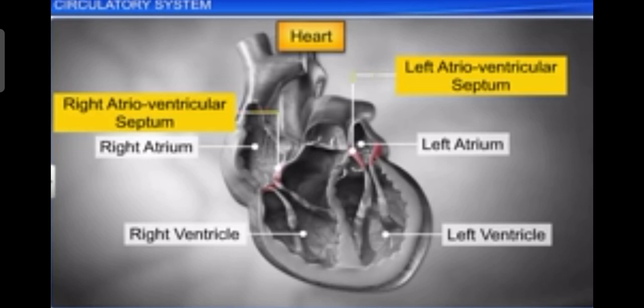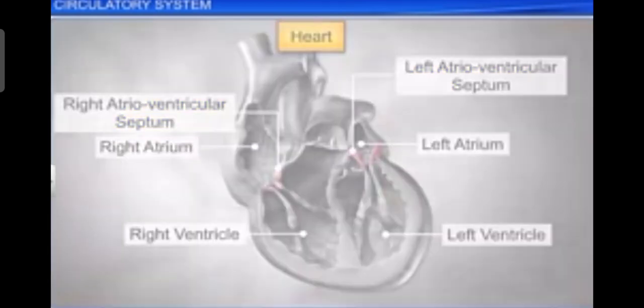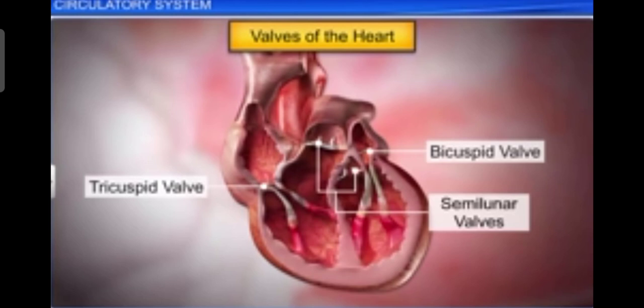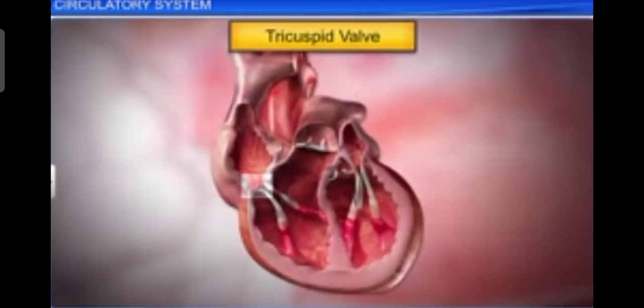The atrium and the ventricle of the same side are also separated by a thick fibrous tissue called the atrioventricular septum. However, there are three types of valves. First is the tricuspid valve.